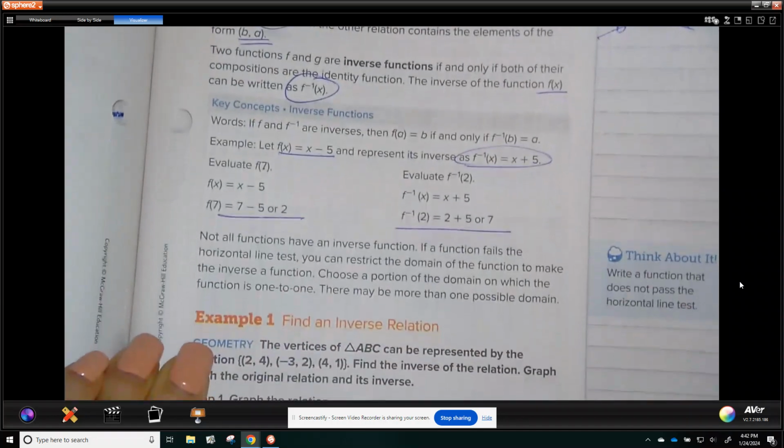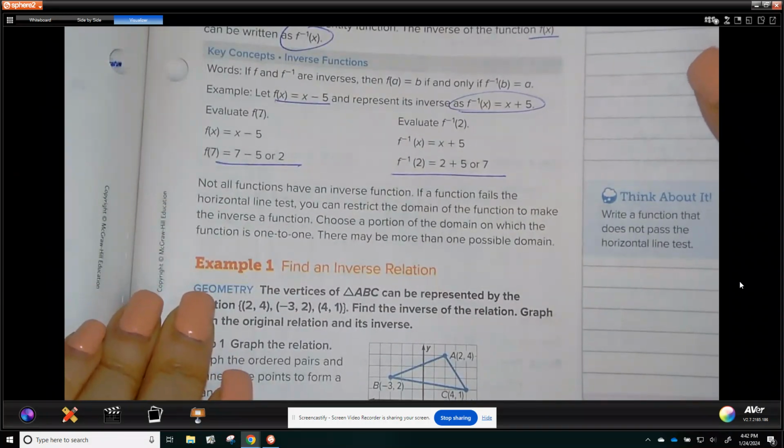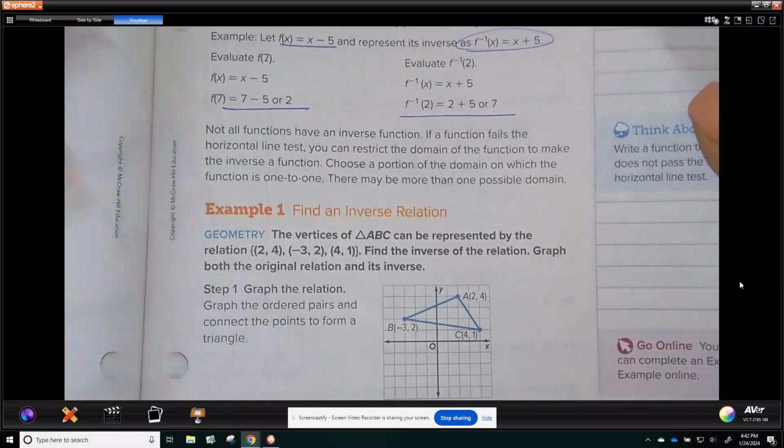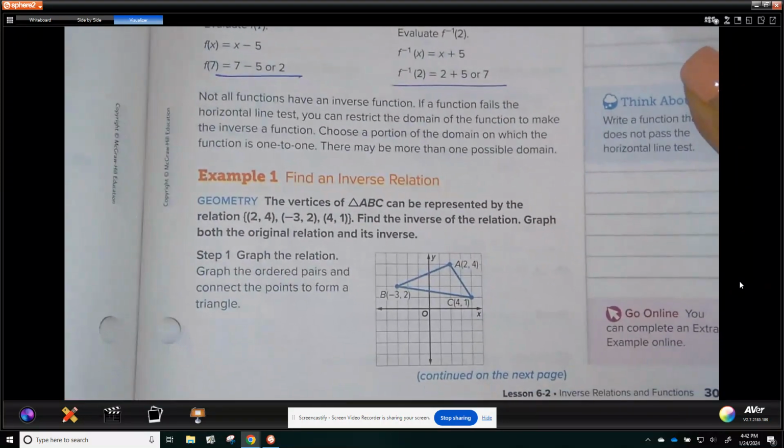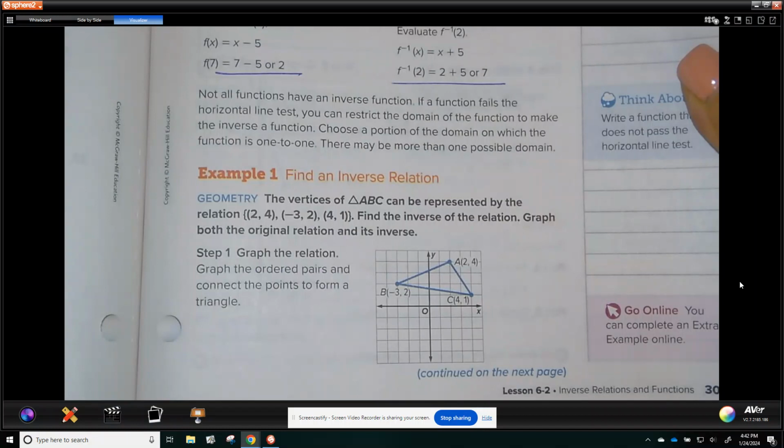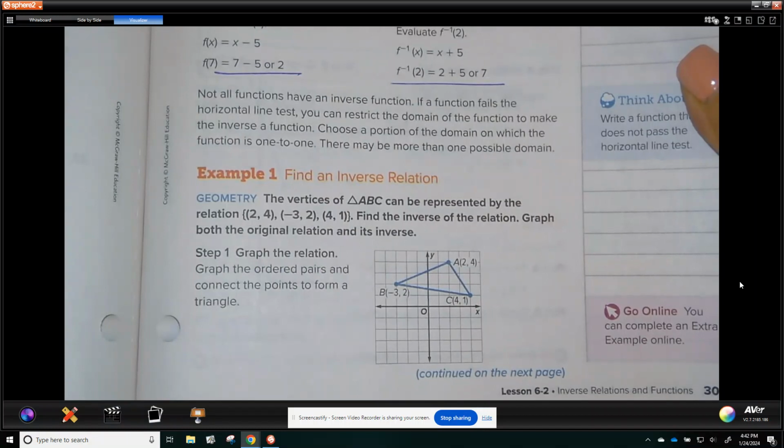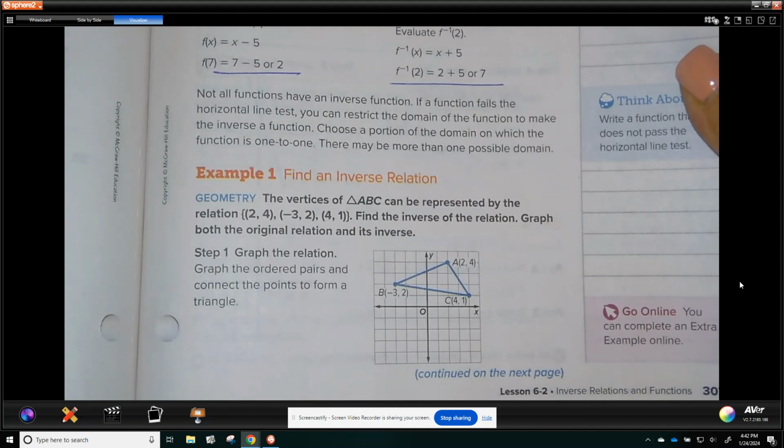So I'll have to tell you in class exactly what that statement means. I only have so many more videos, and so I'm going on because the main part of this is finding the inverse function.